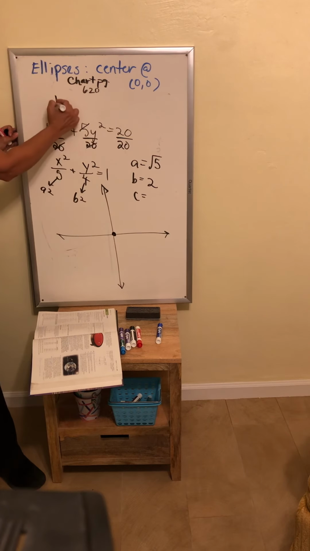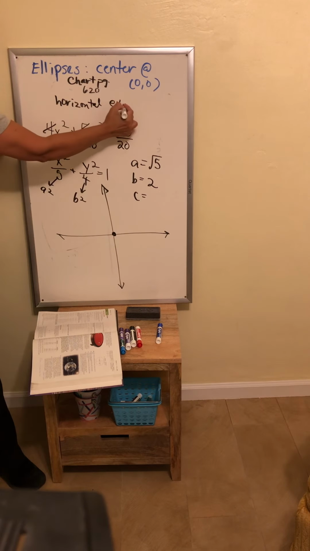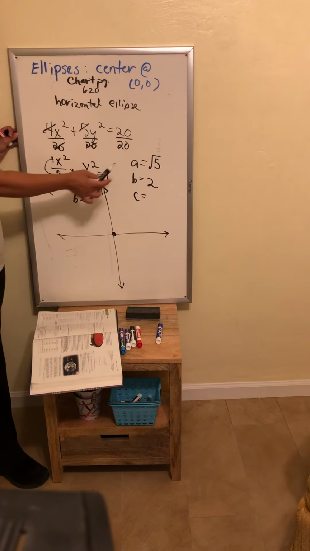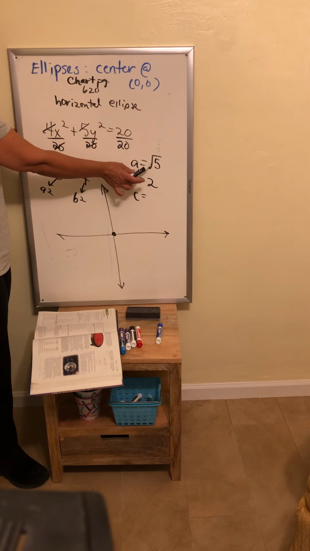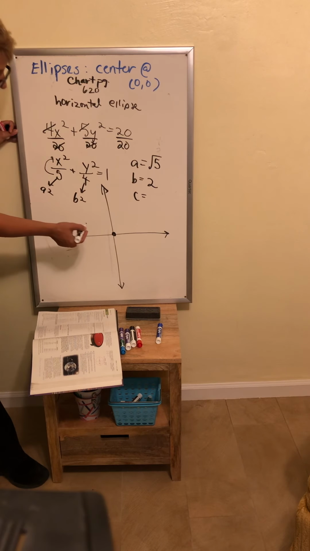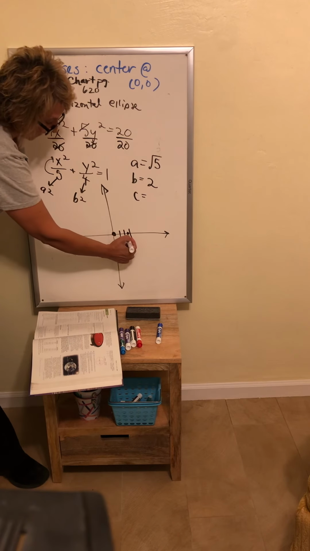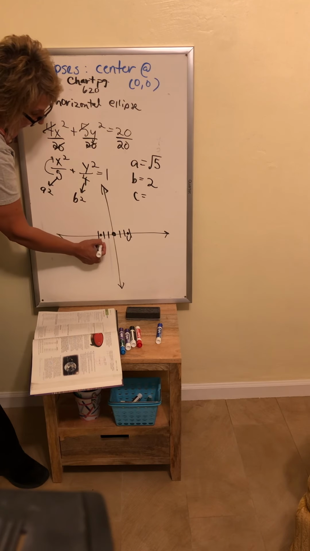So this is another horizontal ellipse, since the larger denominator is associated with the x-axis, which is a horizontal axis. So the distance to the vertices is going to be the square root of 5, which is approximately 2.5. So we'll go over about 2.5. That will be a vertex. And we go to the left 2.5, and that will be another vertex.